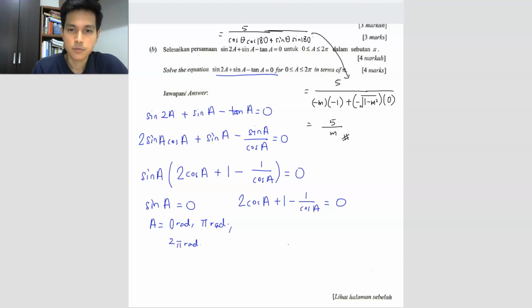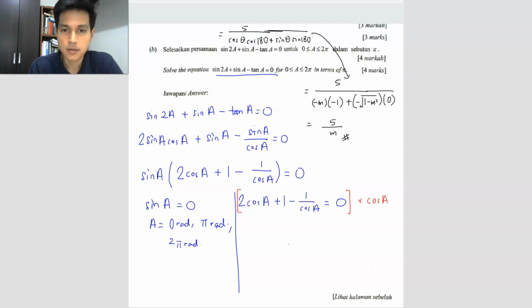Okay, so now the second part, how are you going to solve this? If you notice one thing, here got cos A. This cos A here is the denominator, right? So what you can do is take the whole thing and multiply by cos A. Why do we want to do that?